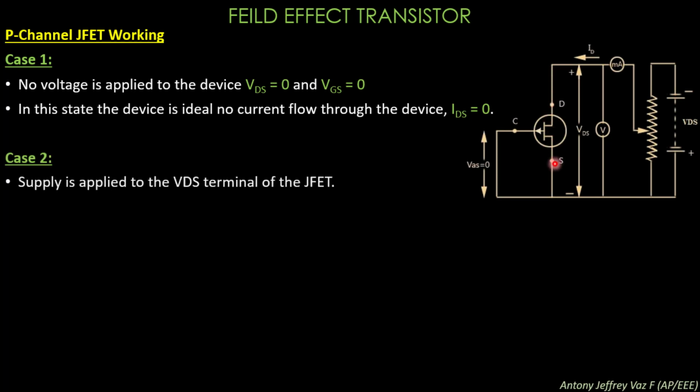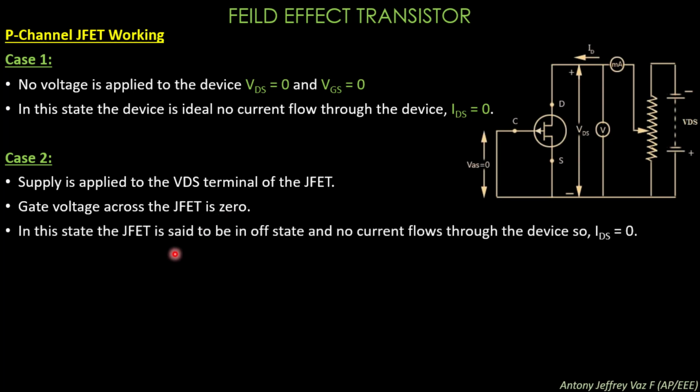In case 2, the supply is applied to the VDS terminal of the JFET, but the gate voltage of the JFET is 0. In this state, the JFET is said to be in off state and no current flows through the device, so IDS is 0.